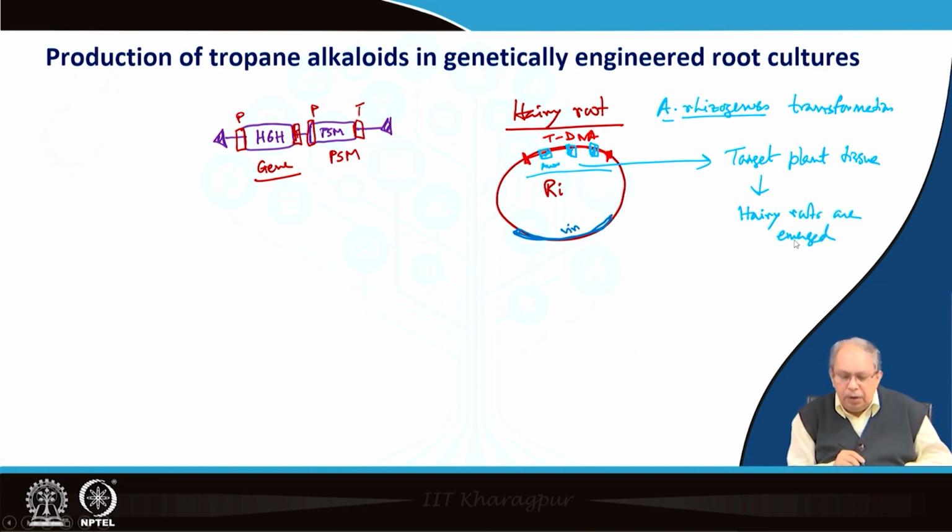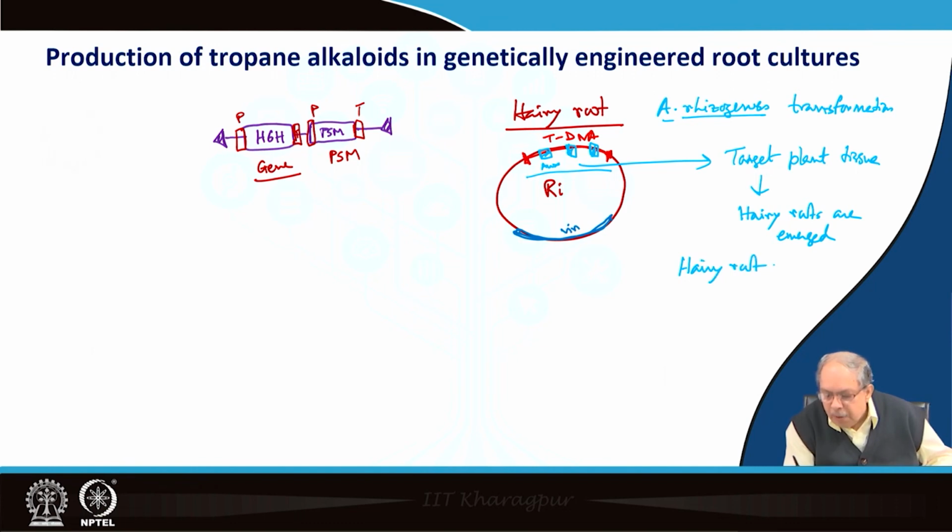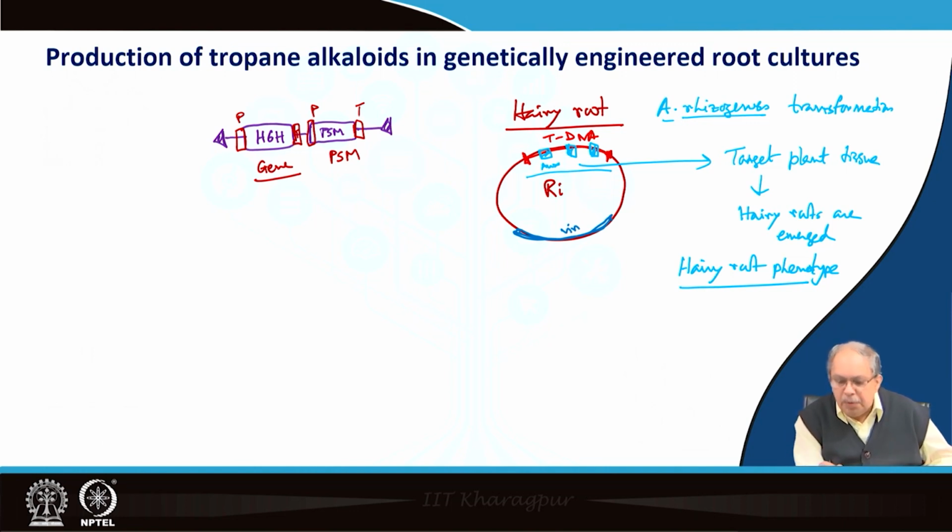The difference you should remember is that here we want to have the hairy root phenotype. So, the hairy root phenotype must be maintained, whereas in case of Agrobacterium tumefaciens mediated transformation, we use a disarmed strain, so there will be no crown gall, but here the hairy root phenotype must be maintained. That means we cannot disturb the wild type tDNA.